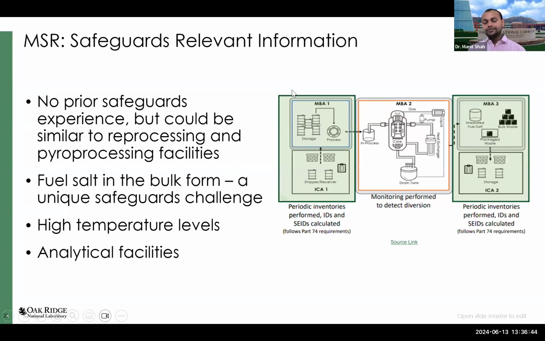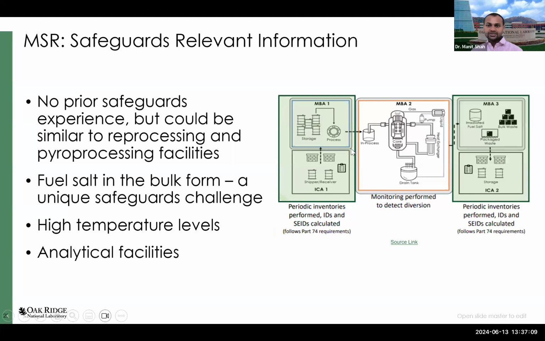In terms of the approach, this figure highlights a potential approach proposed, at least for domestic safeguards, where they use three MBAs: one for the fresh fuel area, second for the reactor, and third for the spent fuel.